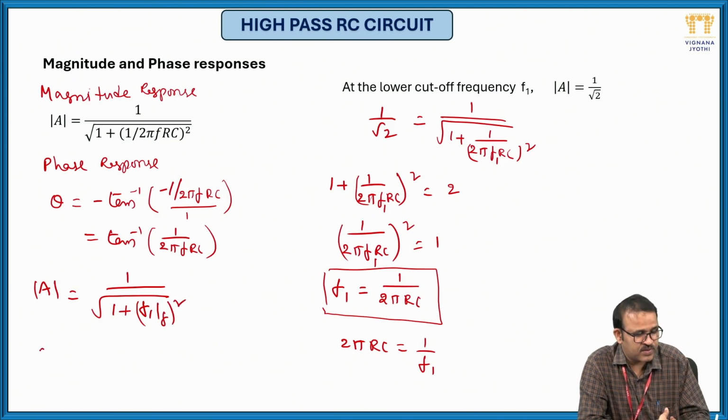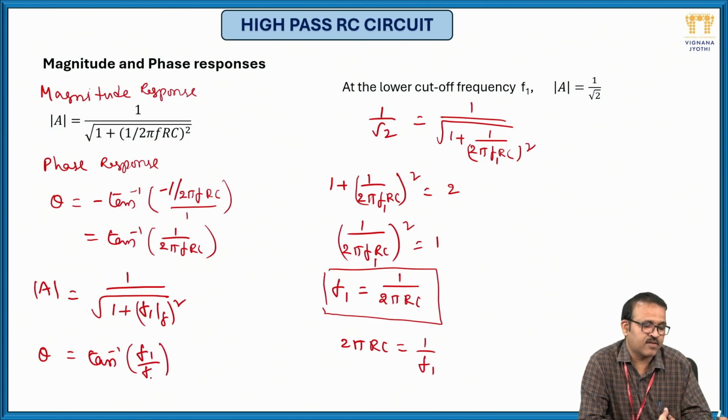And the phase response theta is equal to tan inverse of F1 by F. So these are the magnitude and phase responses of the high pass RC circuit.